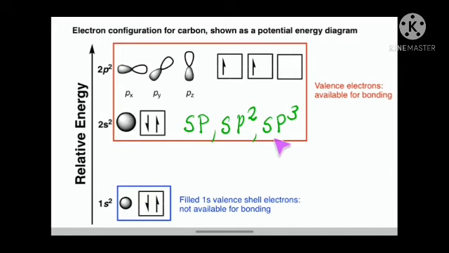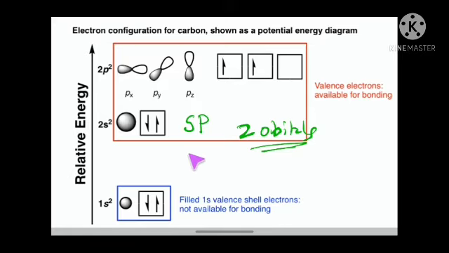So let's talk about sp hybridization first. In this sp hybridization, one s orbital and one p orbital combine together and create the sp hybridization. It creates 2 orbitals, because s is 1 orbital and p is 1 orbital, and when they combine they create 2 orbitals.